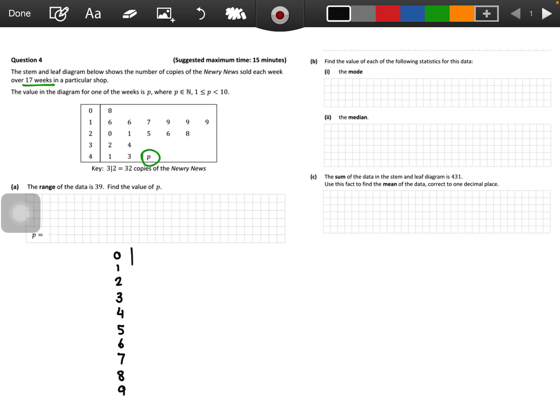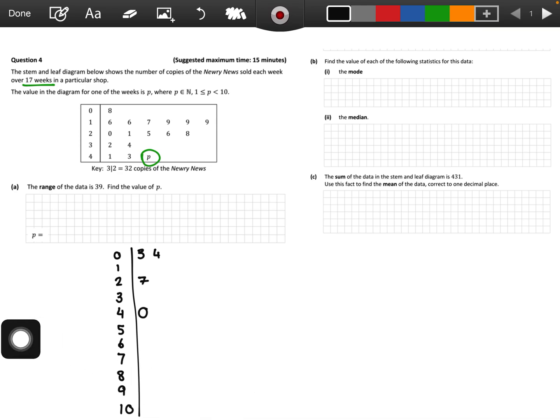If I had someone whose hair was 3 centimetres, 4 centimetres, 27 centimetres, 40 centimetres, and then someone said they had hair length 100 or 101 centimetres, that needs to be at the end. That's one of our biggest numbers. So more than one digit can go in the stem part. It's the leaf part that only holds one digit for every piece of data.